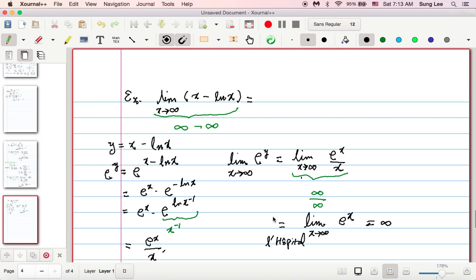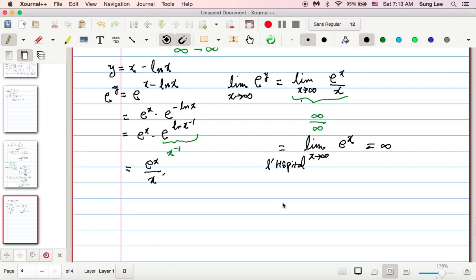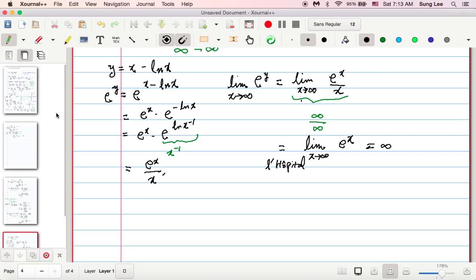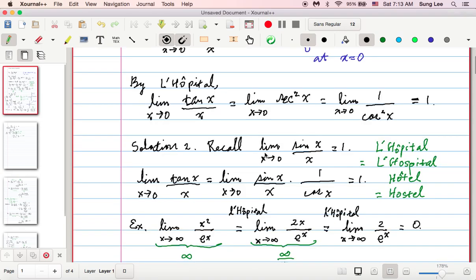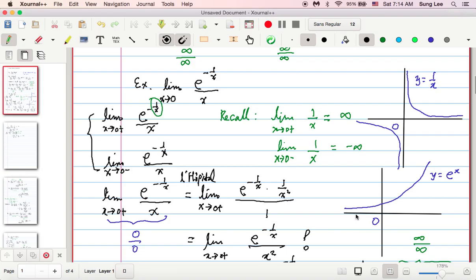Now, as you can clearly see from the graph of the exponential function, I drew it here, right? Okay, here it is. So you see what happens? When x goes to infinity, e to the x goes to infinity, and vice versa.